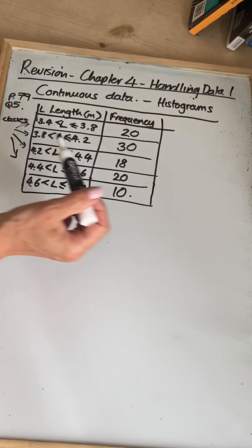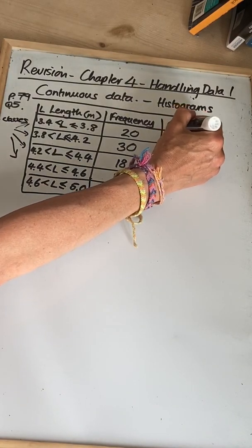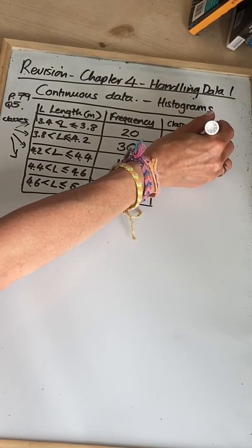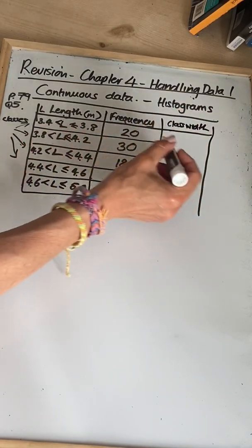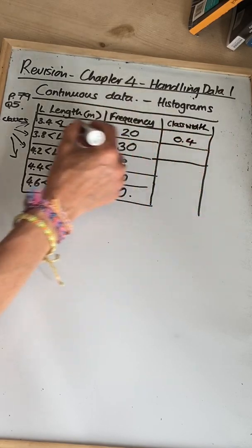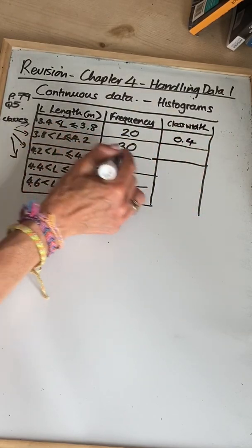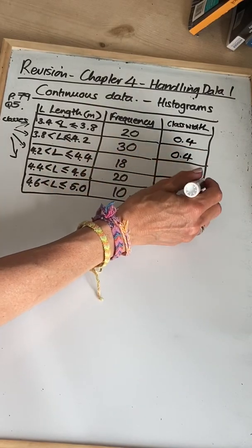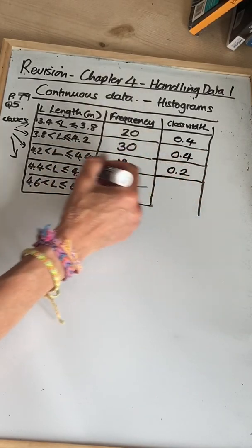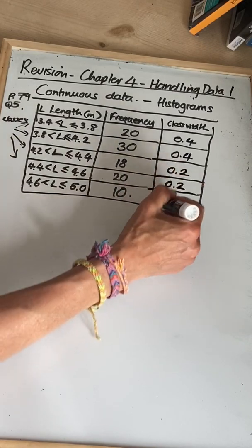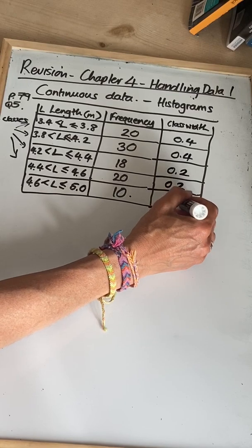This class width is 0.4 of a metre. This class width here, 3.8 up to 4.2, is also 0.4 of a metre. But this class width here is only 0.2 of a metre. And this one here is only 0.2 of a metre. And then we're back up to 0.4 of a metre here.